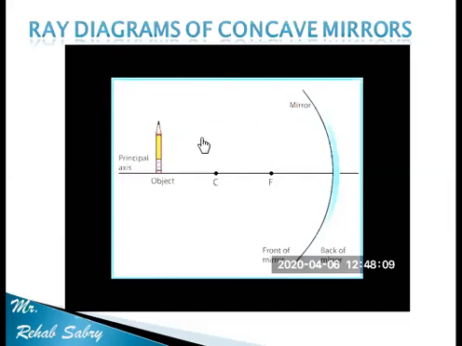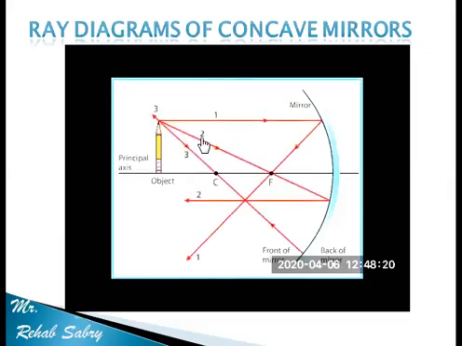If we want to sketch or expect what will happen, let's see. We will send the rays we talked about in the previous slide. These are the three rays. We need only two of them, so use any two.